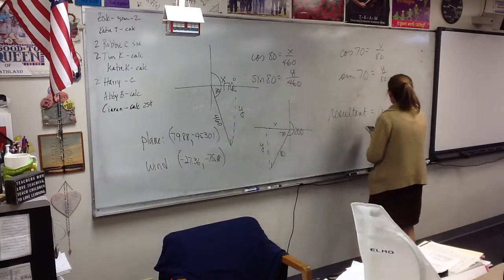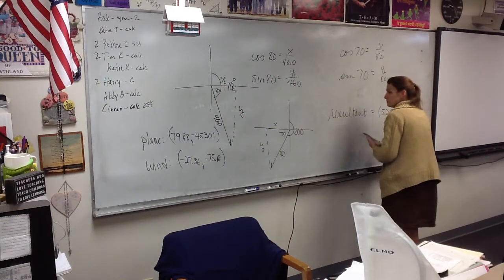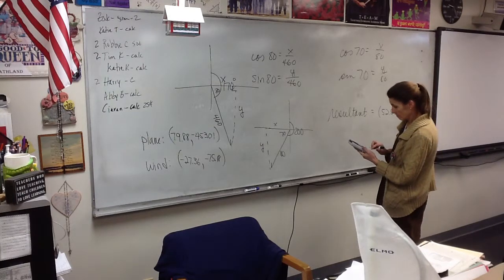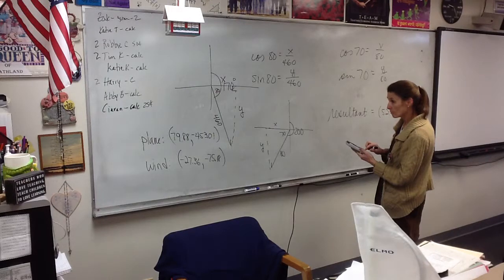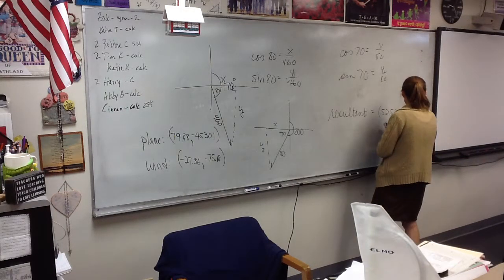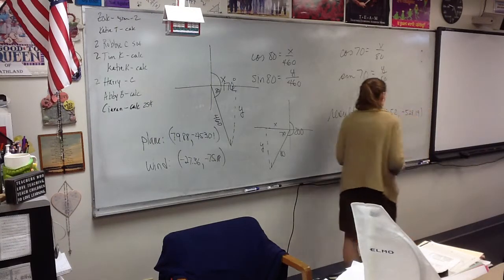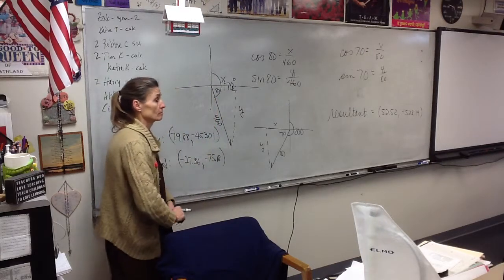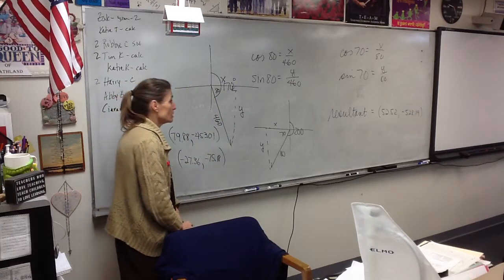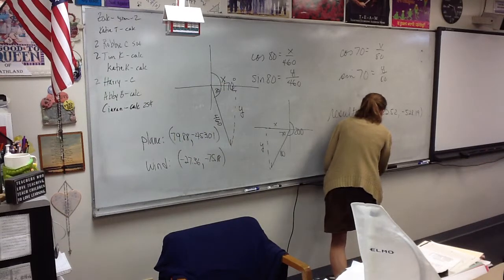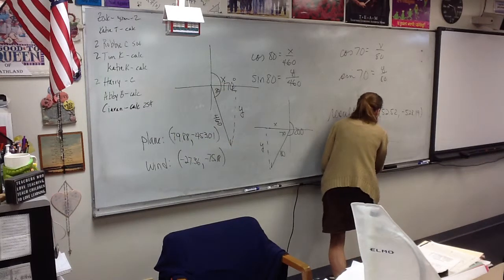So I got 52.52 and negative 528.19. Did I do that right? So the new vector, the resultant, comes over 52 and down 528.